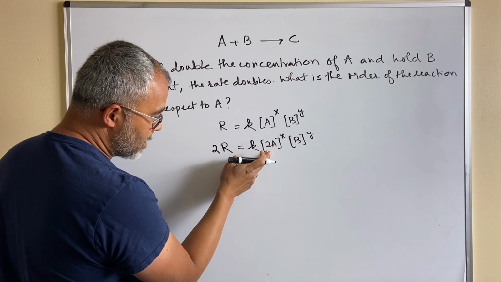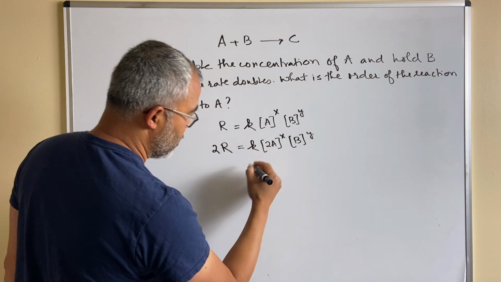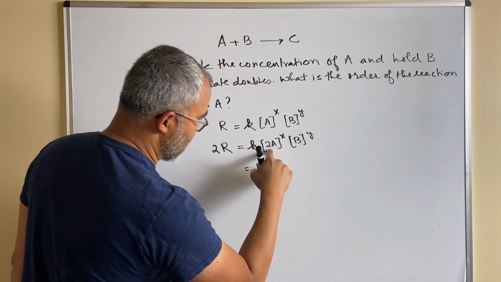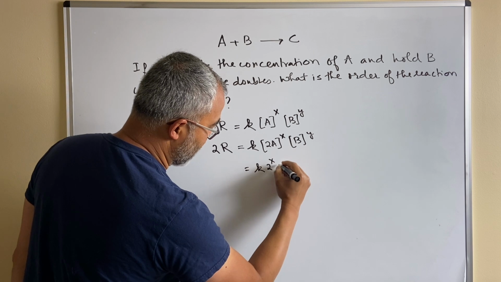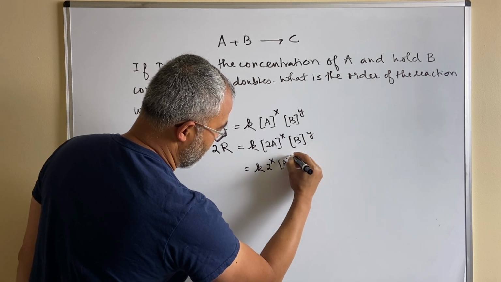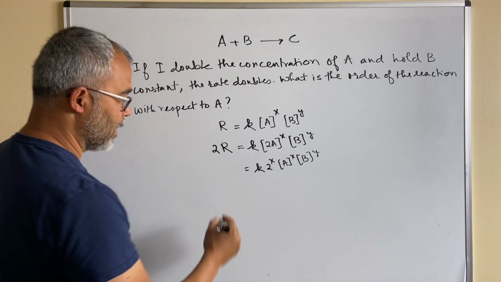So now let's go ahead and simplify this term in the bracket. So if I pull that 2 out, it would be 2 raised to the X times the concentration of A raised to the X times B raised to the Y, okay?